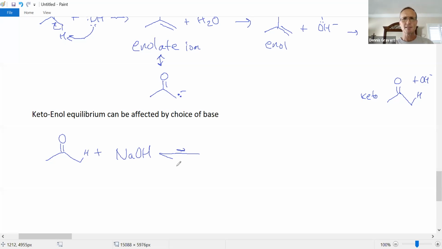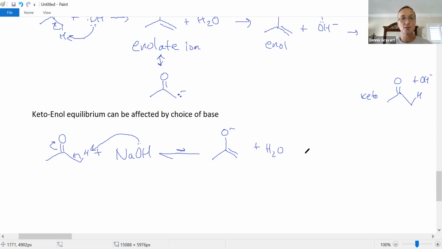So remember doing that in general chemistry? Some of you guys are cringing. It's like, no, please don't do an ice table. Okay, I won't do an ice table. But anyways, here's the hydroxide ion. It's going to pull off this hydrogen, make the enolate, make a water molecule.